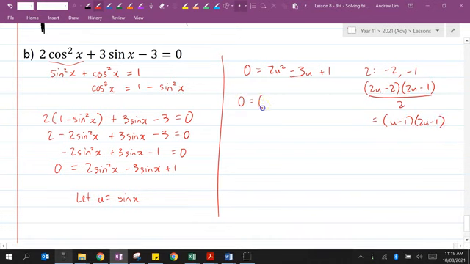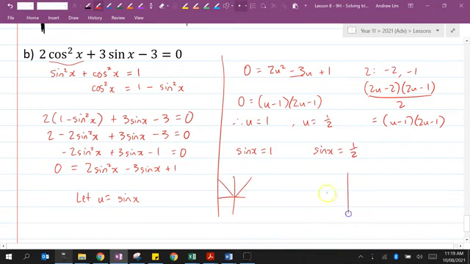So 0 is equal to u minus 1, 2u minus 1. So u has to equal 1, or u has to equal positive half. If u is sine x, we're doing sine x is equal to 1, and sine x is equal to half. Where is sine positive? Here and here.